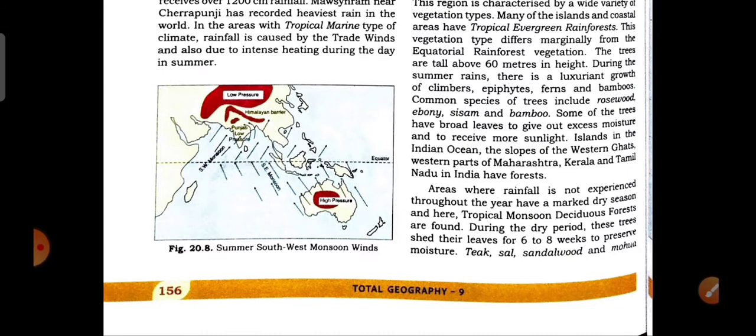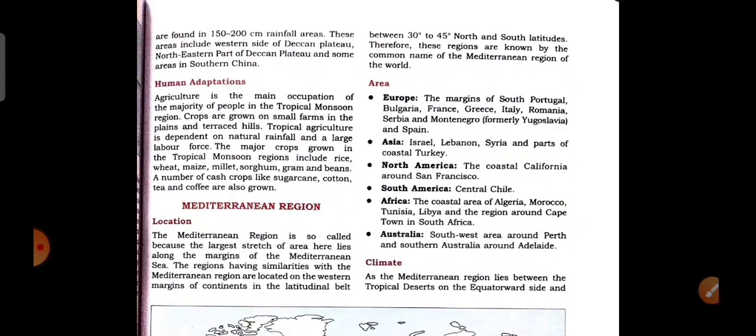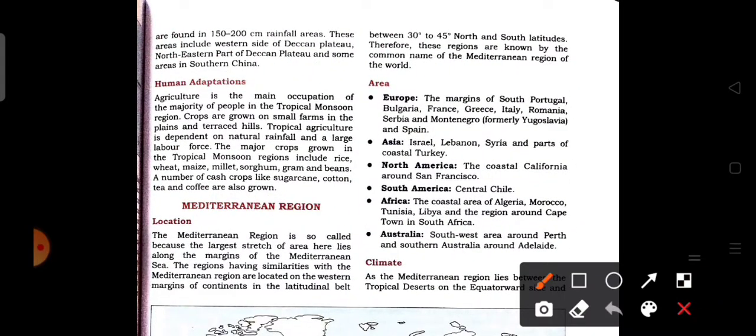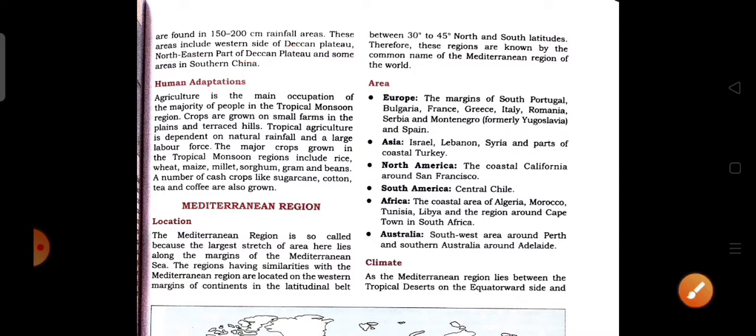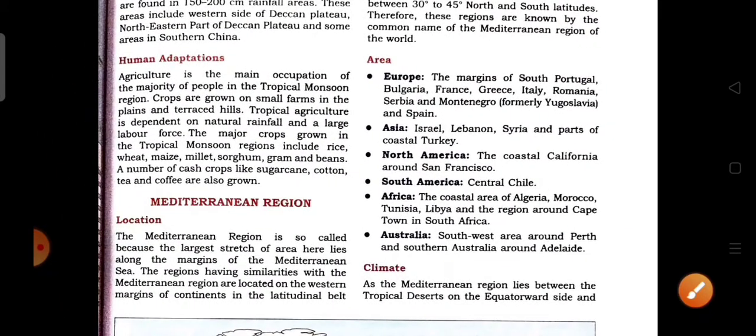Some trees are teak, sal, sandalwood, mohua, found in areas with 150 to 200 centimeters of rainfall. This area includes the western side of the Deccan Plateau, the southeastern part of the Deccan Plateau, and the southern area in South China, and thus some areas in South China.